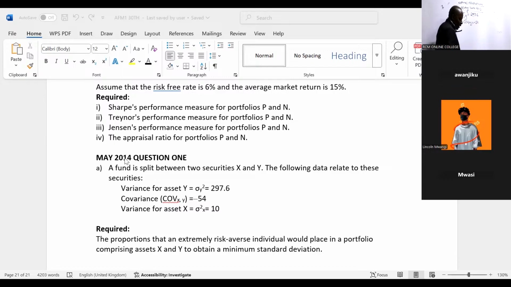And then we have the variance for X. Variance is standard deviation squared, so the variance for X is 10. We are required to provide the proportion that an extremely risk-averse individual would place in a portfolio comprising assets X and Y to obtain a minimum standard deviation.